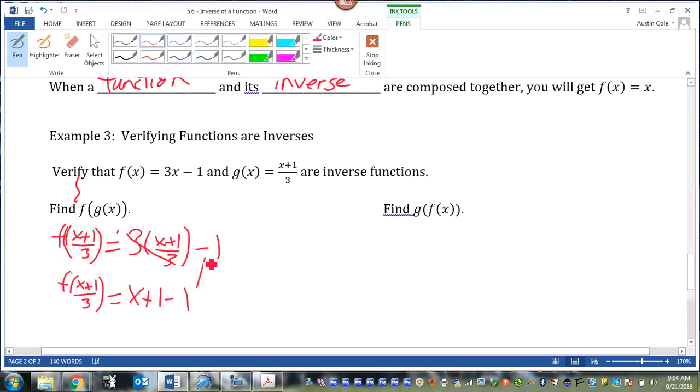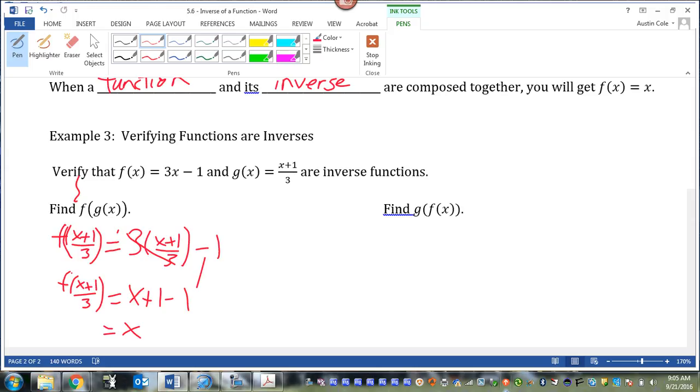What's 1 minus 1? 0. So this equals x. So f of g of x is x.